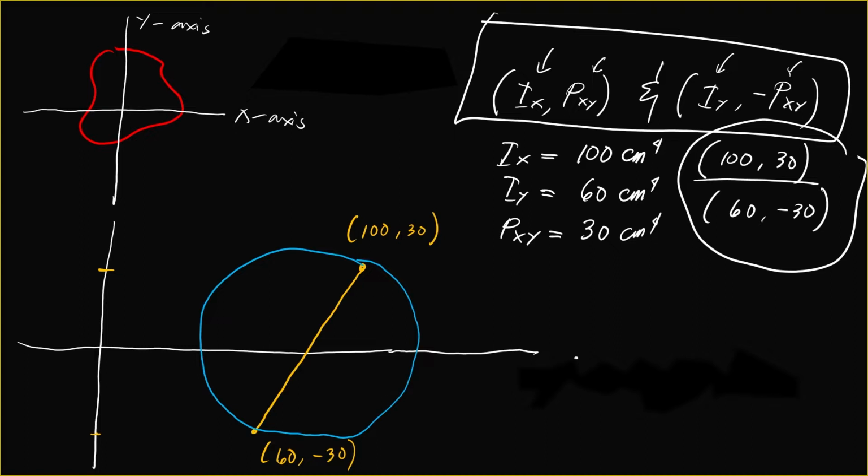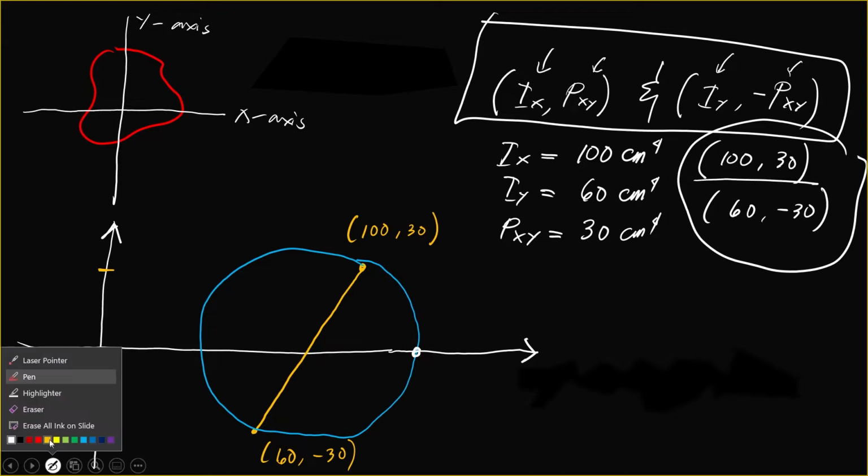Okay? Take note, ang x-axis are the moment of inertia, tapos ang y-axis naman are the product of inertia. So, the Mohr circle will tell you kung saan ang maximum na moment of inertia, and the minimum moment of inertia.